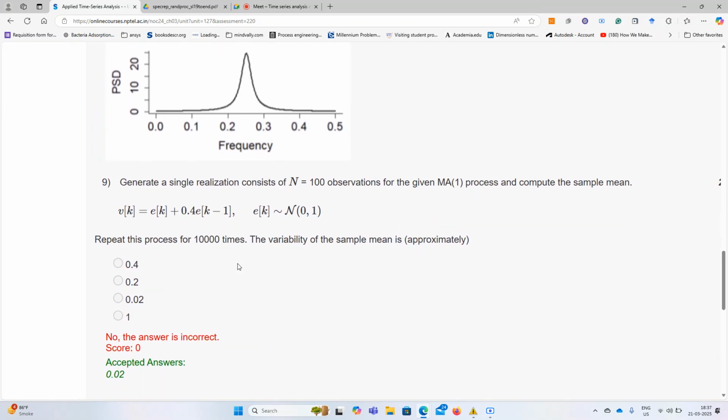Generate a signal realization consisting of n equals 100 observations for the given MA process and compute the sample mean.